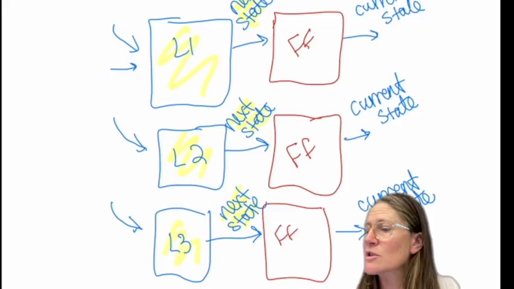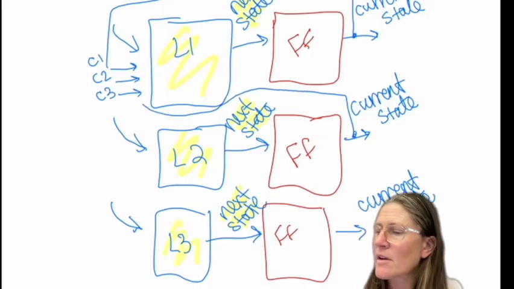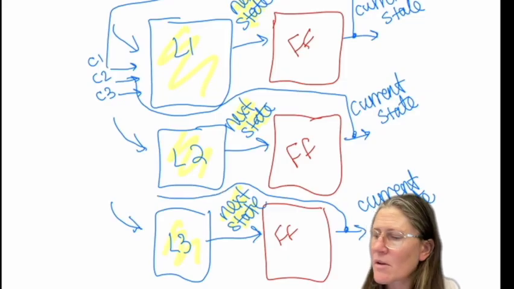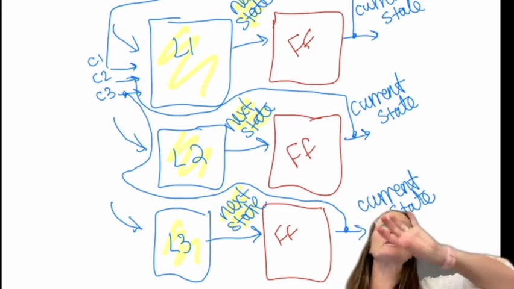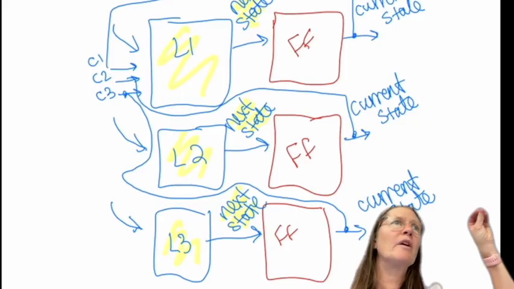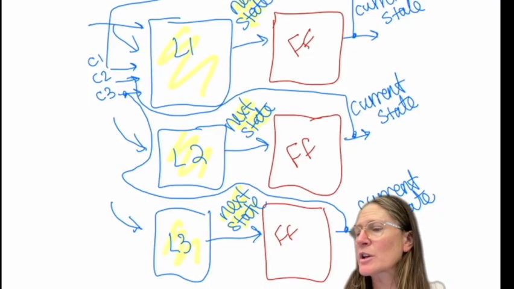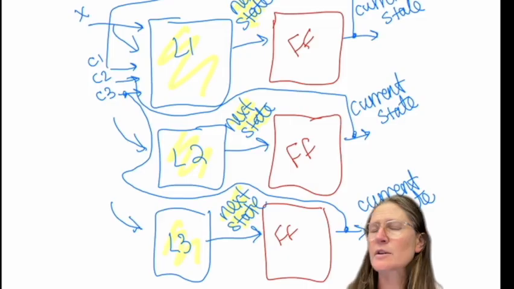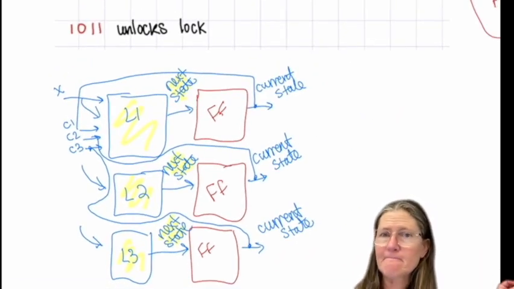So going into each of these is that current state, which is being fed from each of these. This looks weird because you're getting the feedback going back into them. I also have going into each one of these that X input. So that's the digital logic portion.